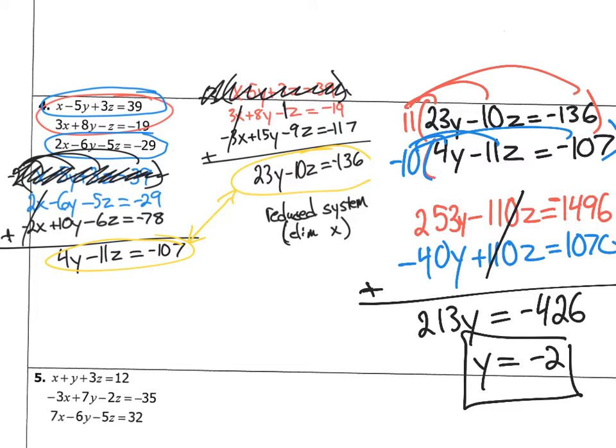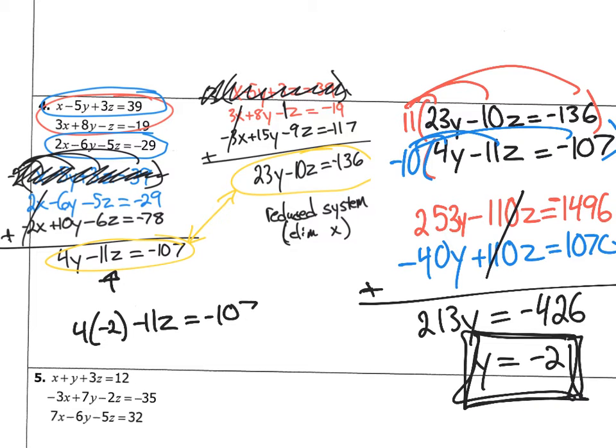Now I have to just go back and put this into one of my reduced systems, because if you put it back into one of the original ones, you would still have an x and a z. So I'm going to put this into this equation right here. So I would get 4 times negative 2 minus 11z equals negative 107. So that gives me negative 8 minus 11z equals negative 107.